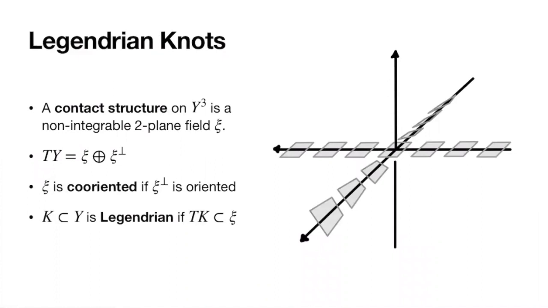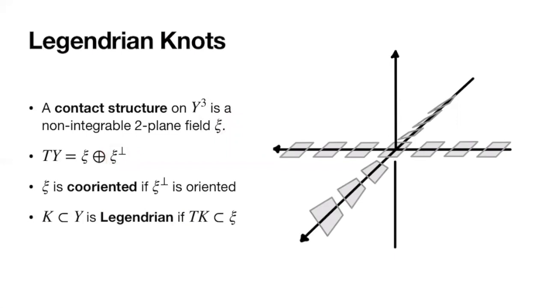So I want to start out by just telling you, or maybe reminding you, what a Legendrian knot is. First, let me tell you what a contact structure is. A contact structure on a three manifold is a maximally non-integrable two-plane field. I call it Xi. If I look at the tangent bundle of my three manifold, it splits as a Whitney sum of the contact planes and the orthogonal complement.